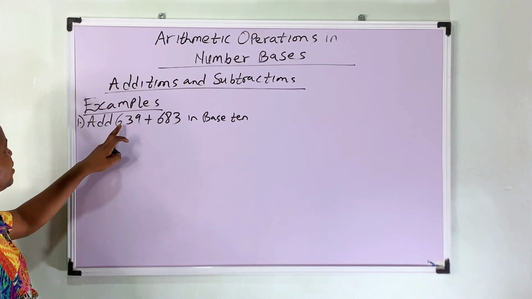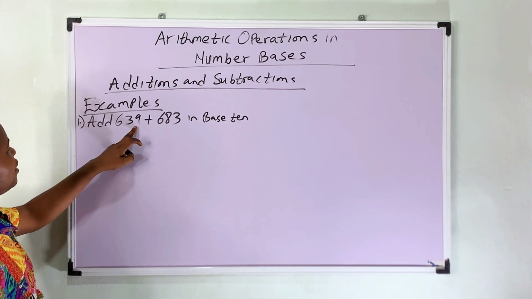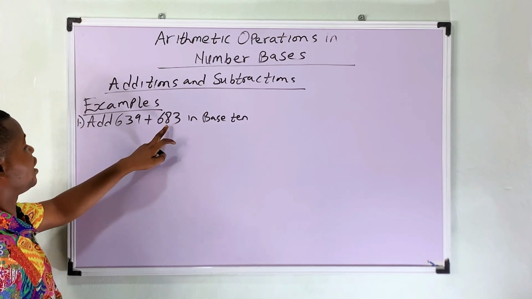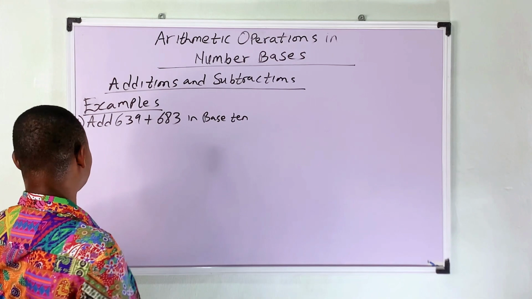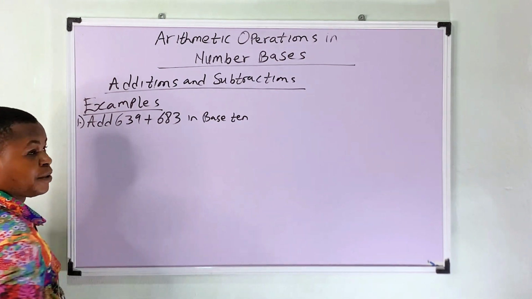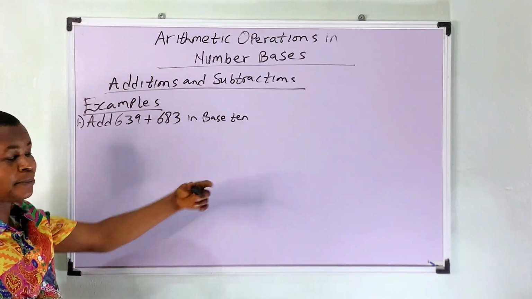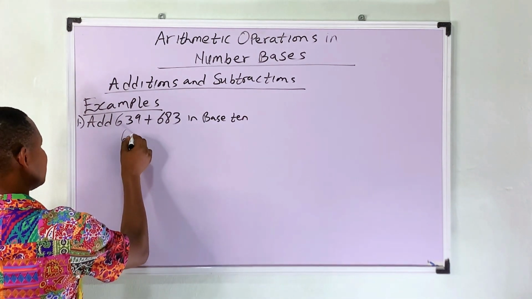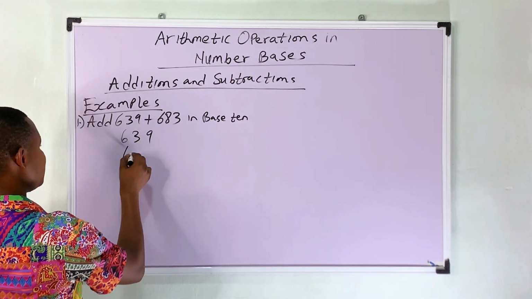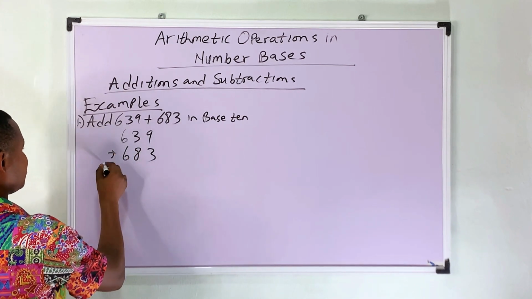You have to add 639 and 683 in base 10. This will be quite simple for us because we are conversant with addition in base 10. Look at it. 639, 683.